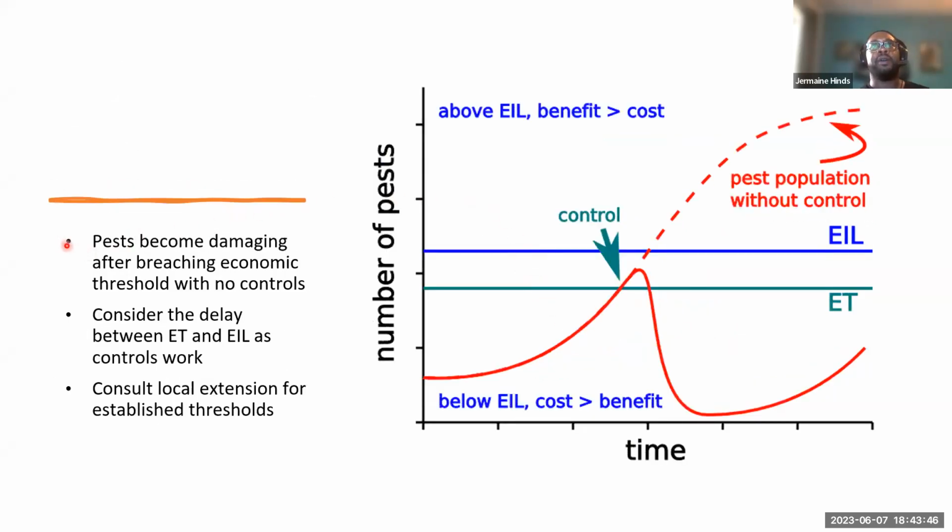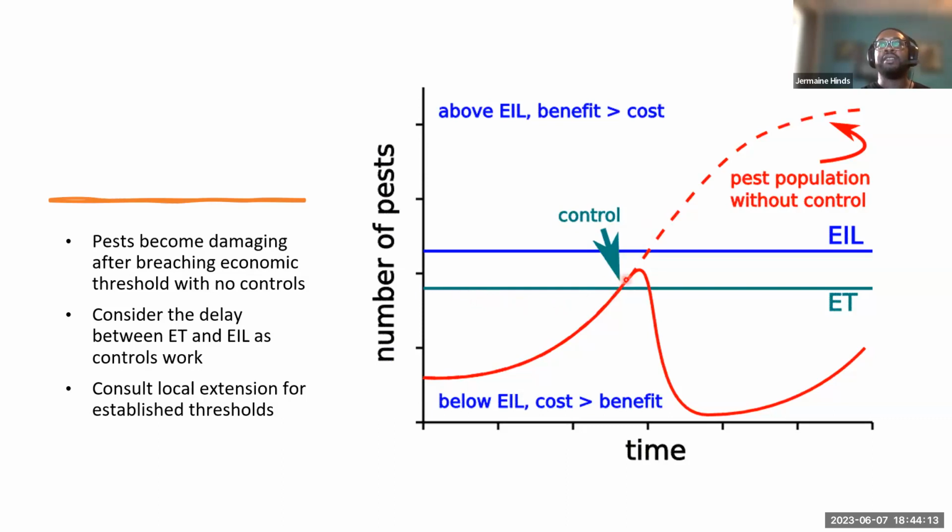And again, pests become damaging after breaching economic thresholds with no control. So this is pest number that's rising over the course of the growing season. And at a certain point, you want to have those checks and balances in place to repel the insect numbers. And if it doesn't happen at this point, it's going to continue into becoming an economic problem.